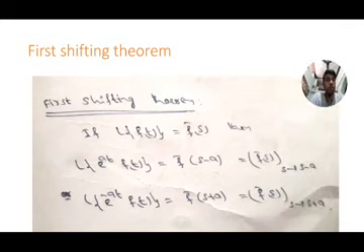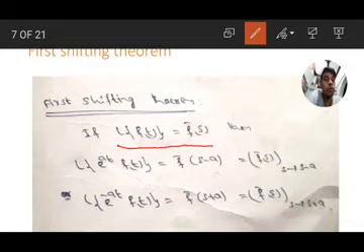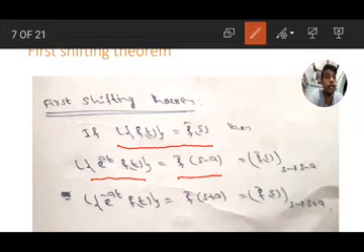Next theorem is the first shifting theorem. The first shifting theorem says that if L of f of t equals f bar of s, then L of e to the power of at into f of t is f bar of s minus a.